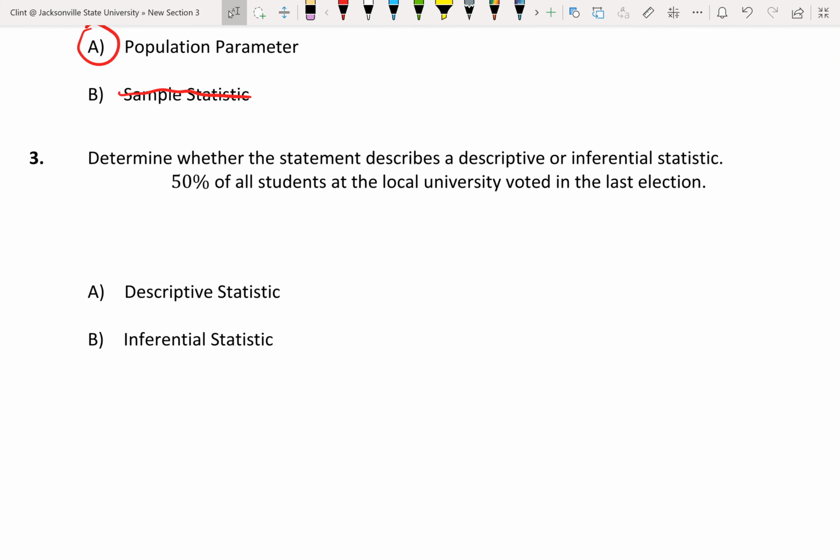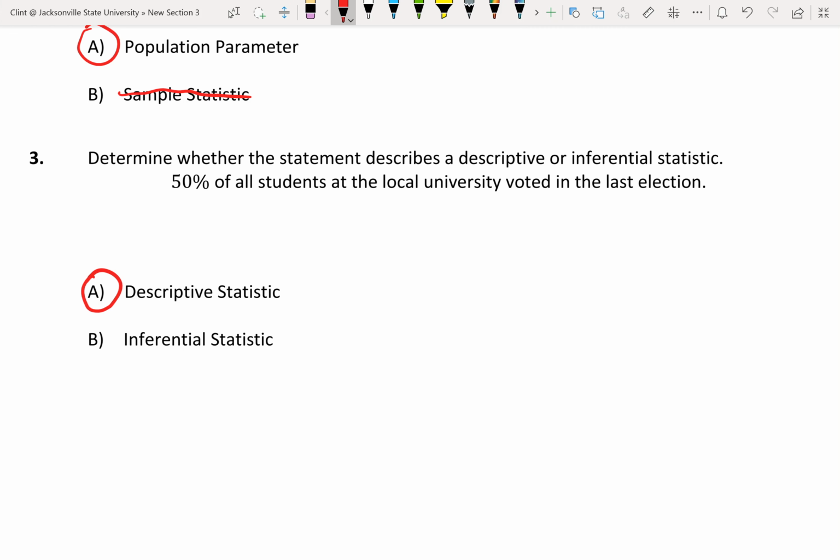Number 3 is determine whether the statement describes a descriptive or an inferential statistic. This one says 50% of all students at the local university voted in the last election. Okay, well, this one is going to be a descriptive statistic. If it was an inferential statistic, it would have to say something about sample data and then use that sample data to make a conclusion about the whole population.